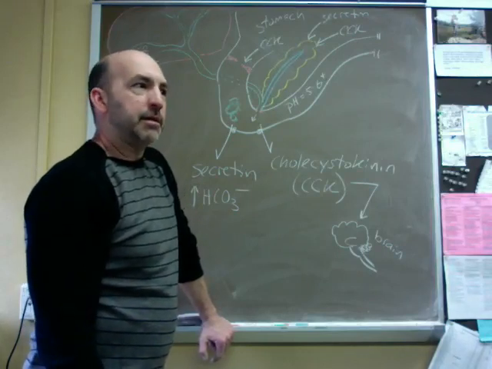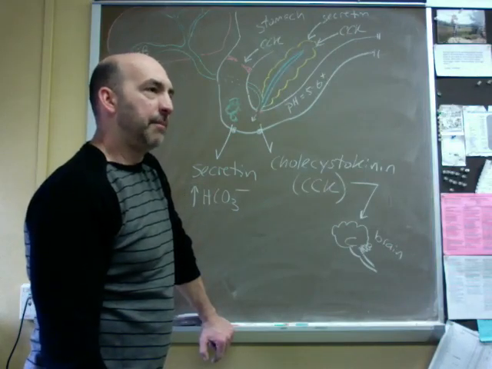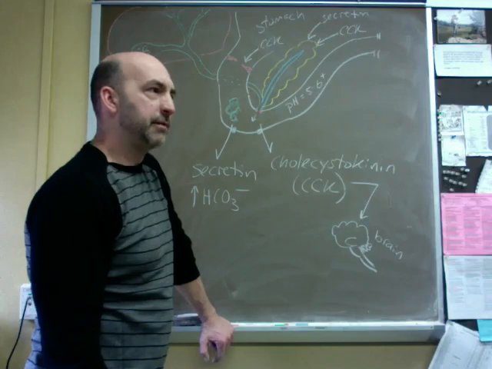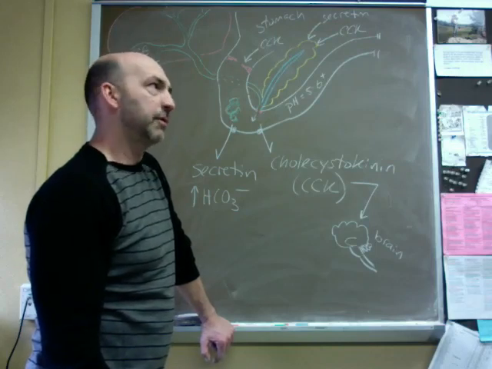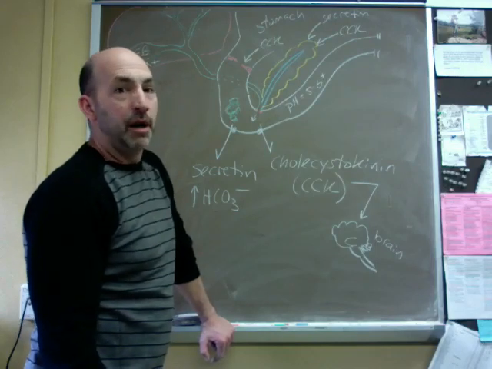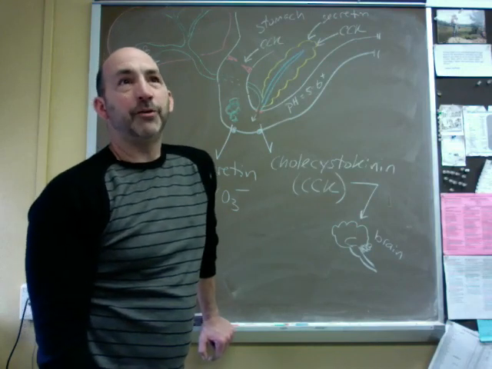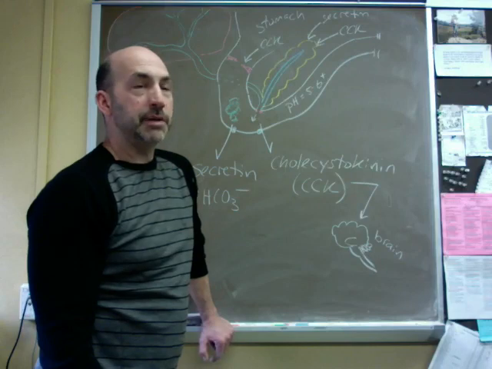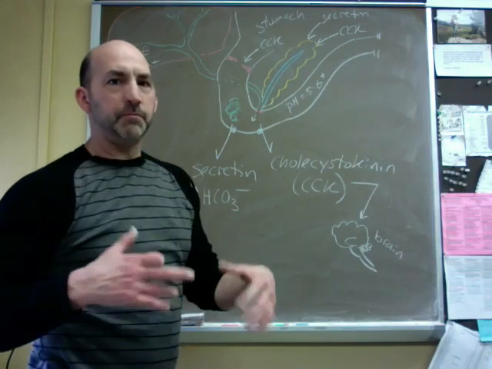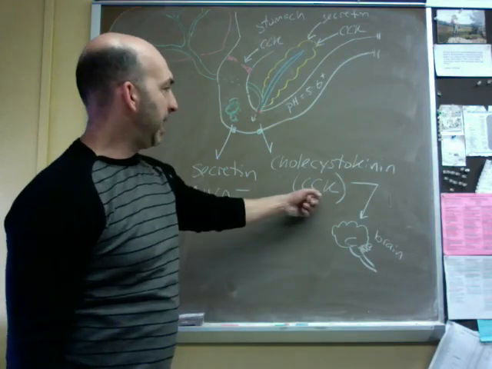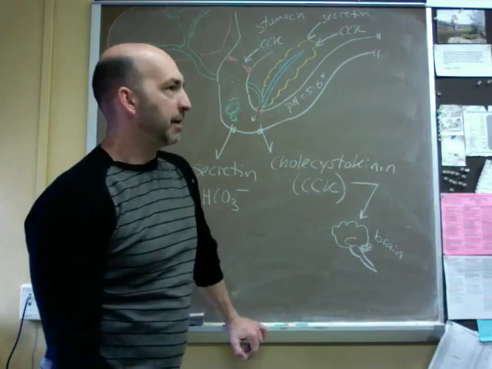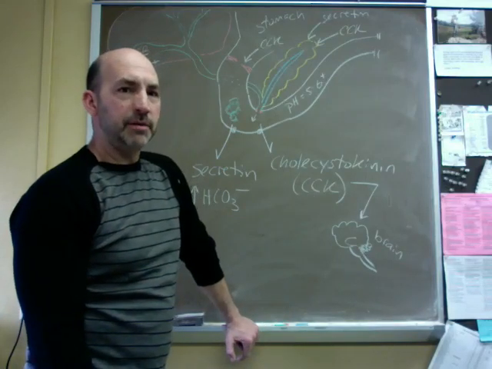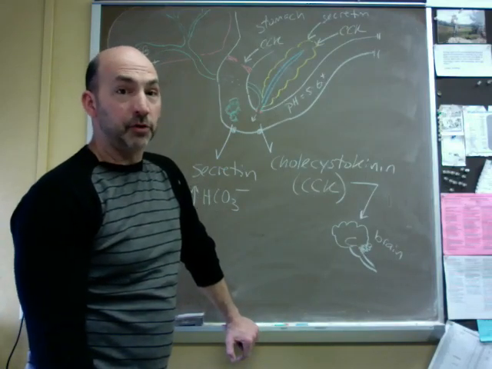So your hypothalamus has neurons that are sensitive to blood nutrient levels, blood hormone levels, and those centers are tied to stimulating either satiety or hunger, depending upon what the stimuli are. CCK is one of the potent satiety hormones. It tends to make you feel full.